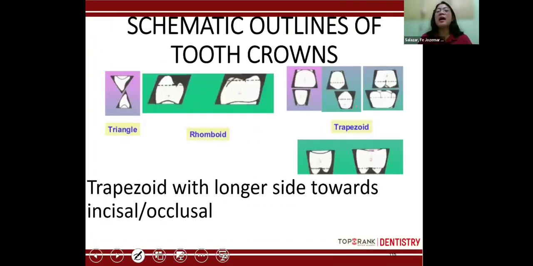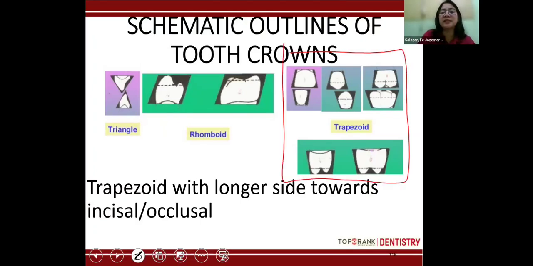Okay, now outlines of your tooth crowns only. Crowns lang to ha. We're not gonna talk occlusal outline kasi iba-iba talaga yon. But we are going to classify together the shapes of your crowns from the mesial and distal and from the facial or the lingual. Okay, so there are only three shapes. You have a trapezoid. Ito, trapezoid lahat yan.